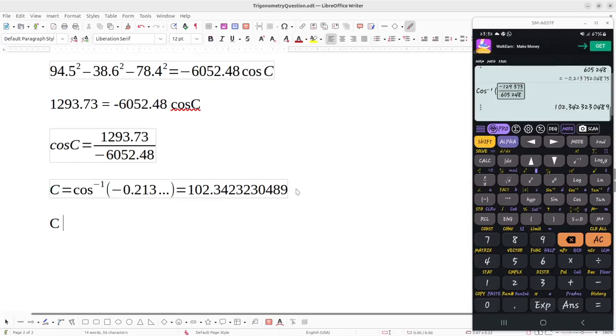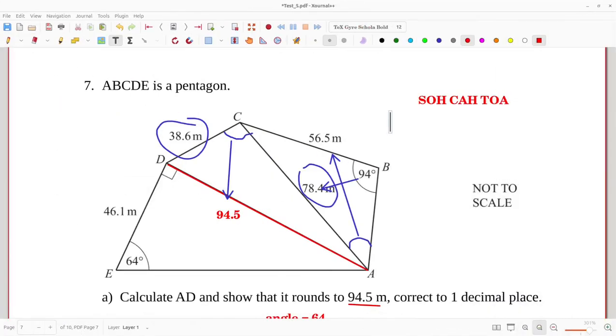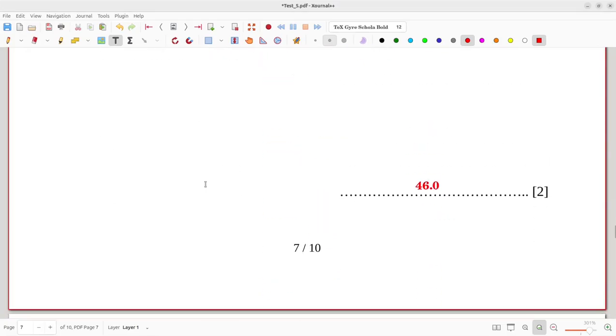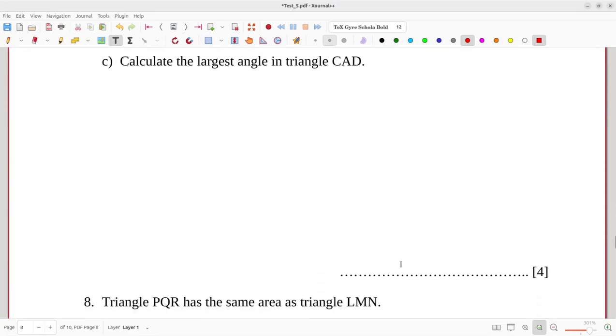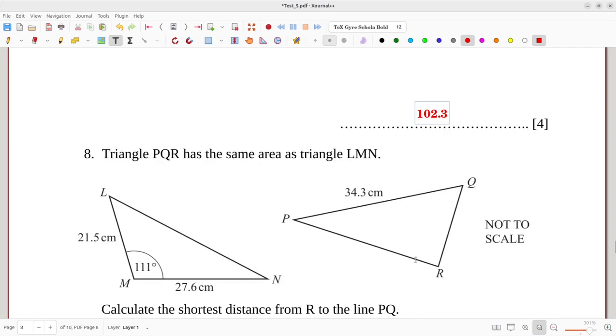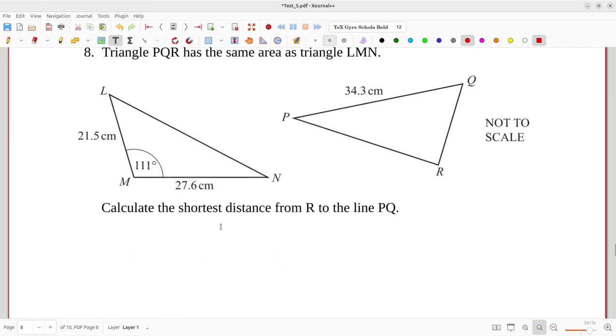Then your C will be equal to 102.3 degrees. Now let's go and write this solution. (102.3).